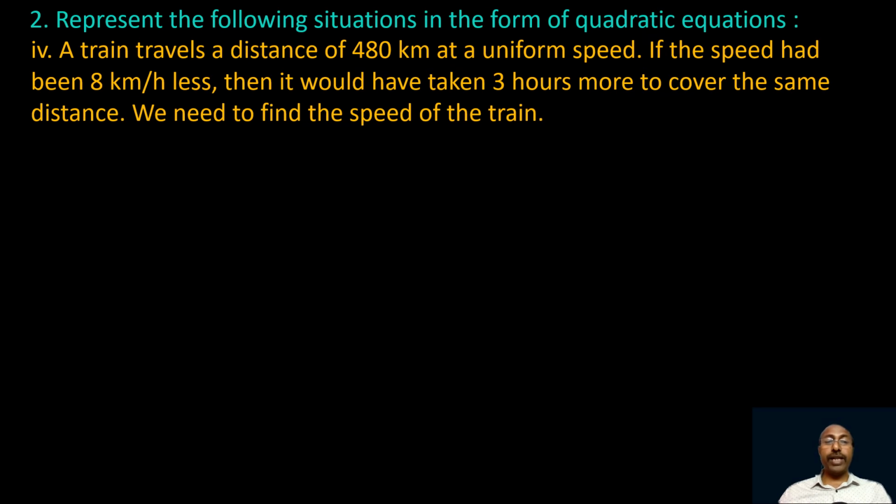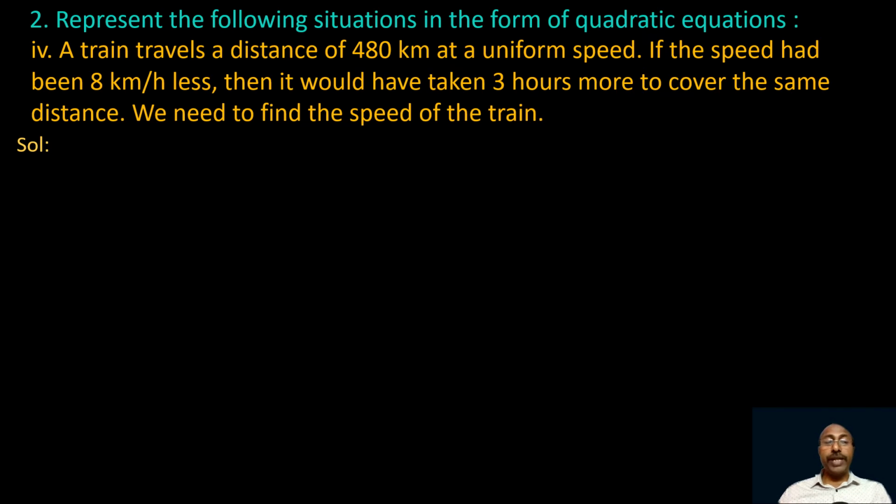And students, we know that speed is inversely proportional to time. If the speed increases, then the time decreases. And if the speed decreases, then the time taken increases. Isn't it? So in this problem, the train travels a distance of 480 kilometers.